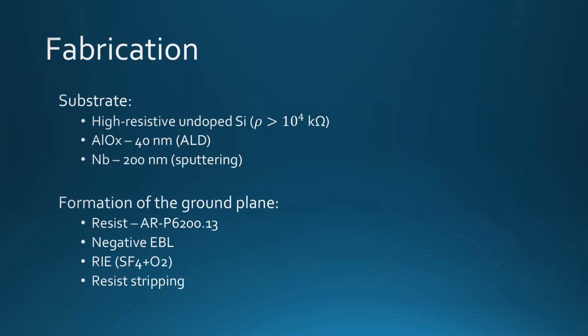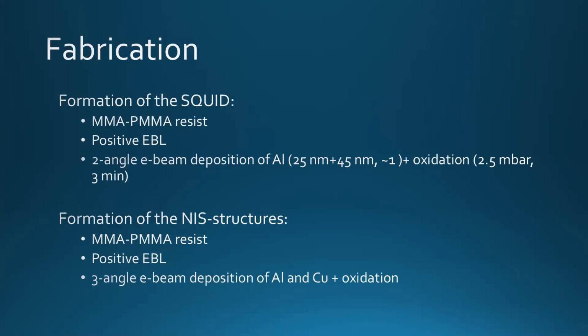Then to form the ground planes, for example, transmission line, resonators, and just big contacts, we use negative EBL on ARP resist, and then we etch niobium away. So in this process, aluminum oxide also acts like a stop layer.